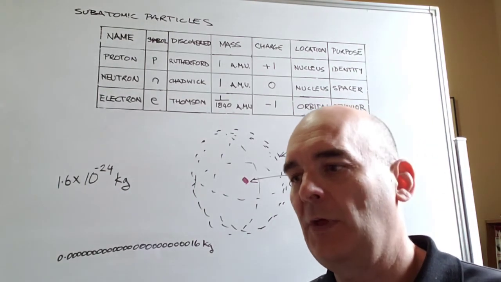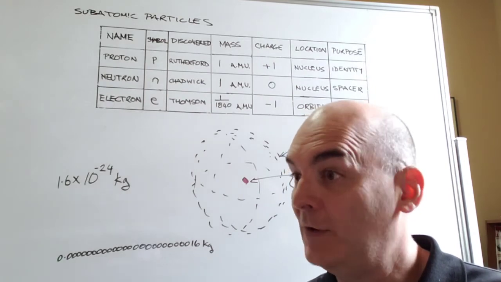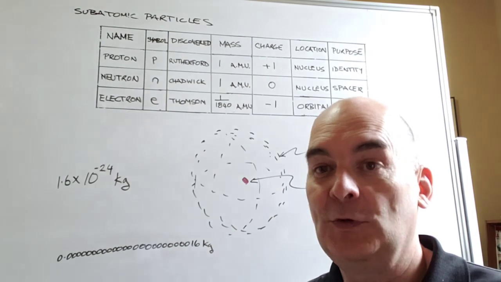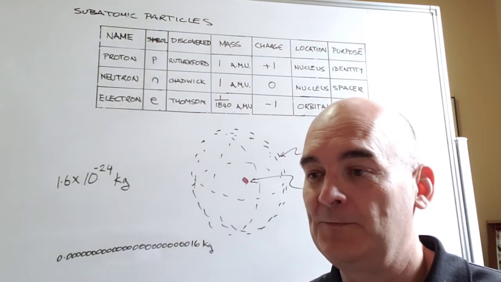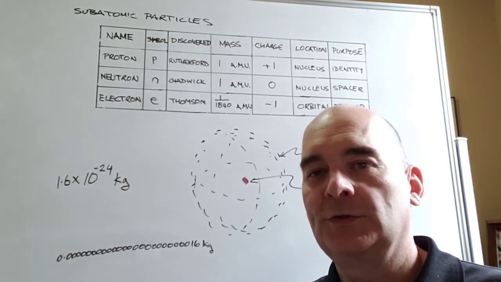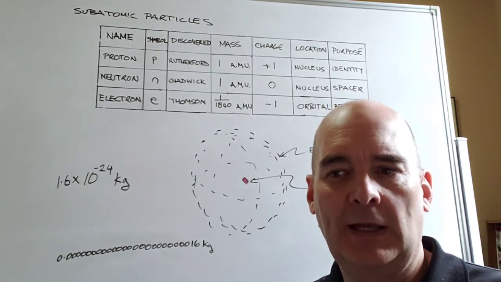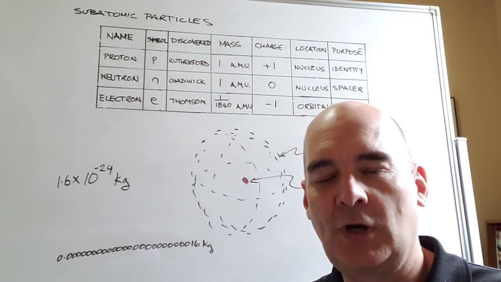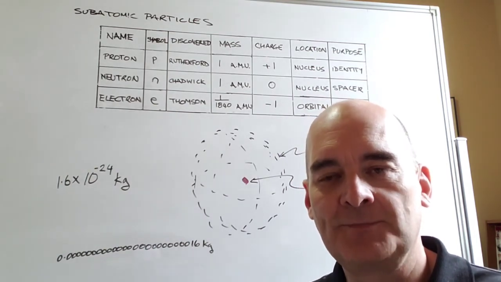And we found that they do everything that they're supposed to do if they're light. You can diffract them. They travel in straight lines. They cast shadows. But then we also discovered that you can bend them with magnets. That's strange. That's not something that light does.